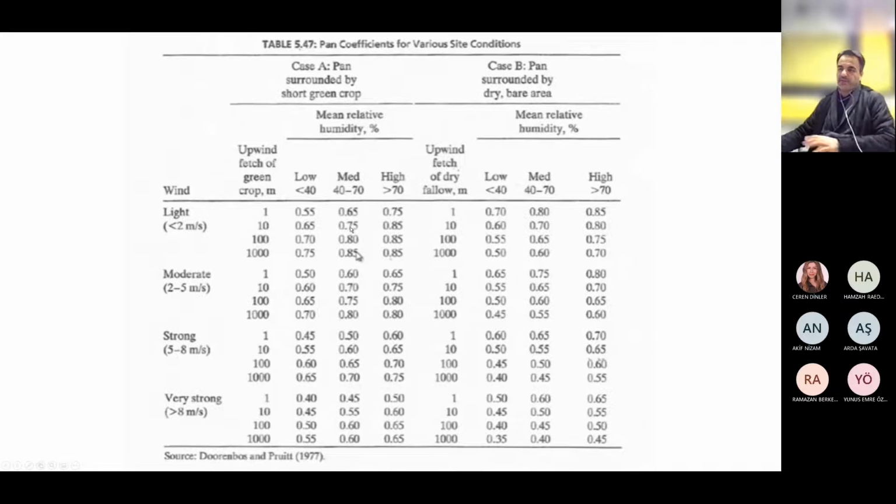Therefore the factor is 0.75. Or in the case that you have a higher speed of wind, like 8 meters per second, and the humidity is 70%, your pan coefficient can be selected as 0.65.